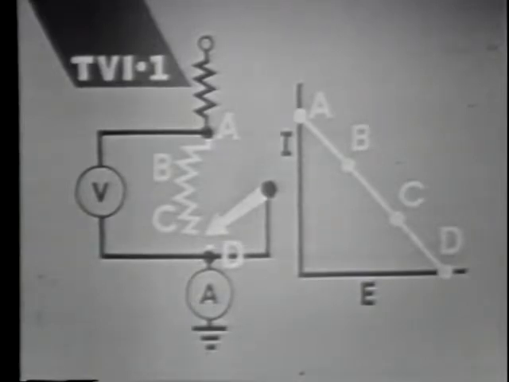A load line is a line that represents all possible current and voltage values in a circuit. Point D is determined by the applied voltage, and point A is determined by the load resistor. The points in between A and D are controlled by the variable resistor.